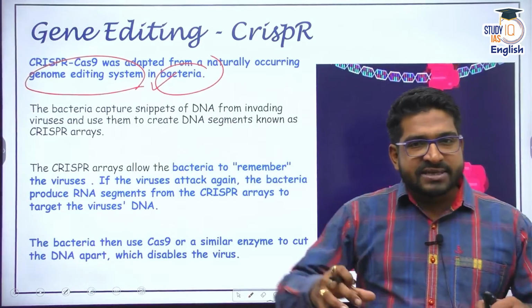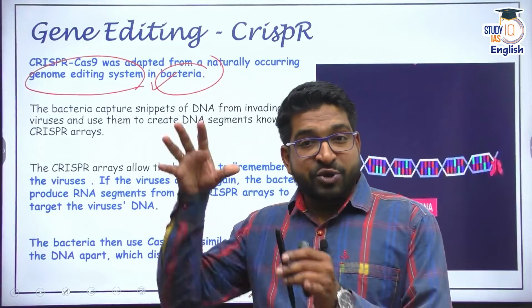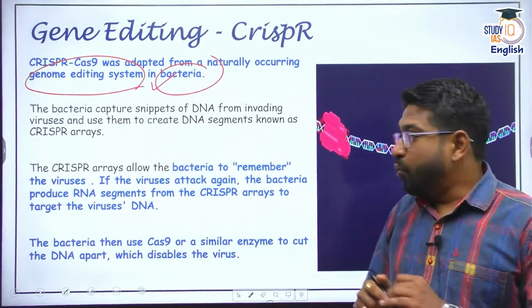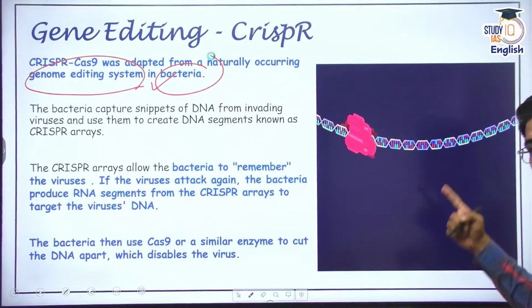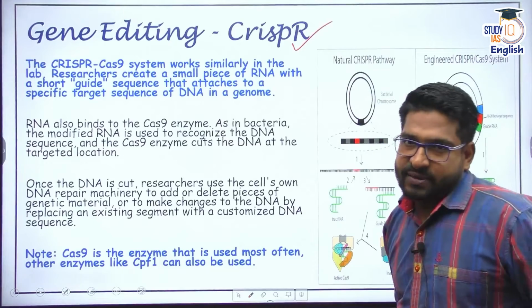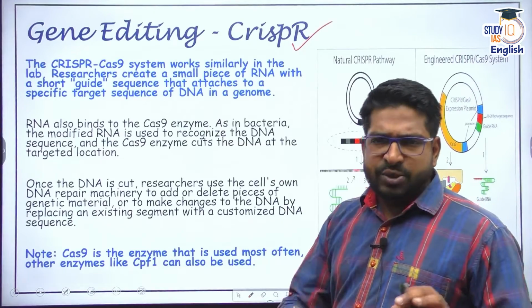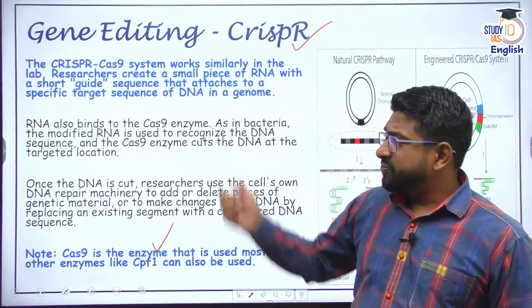The bacteria had a self-defense mechanism to cut the DNA or the genetic information of the virus to safeguard itself. And what we did was we took the same defense mechanism from the bacteria and developed the CRISPR-Cas9 complex. So Cas9 is a protein or an enzyme. Instead of Cas9, CRISPR Cpf1 can also be used.